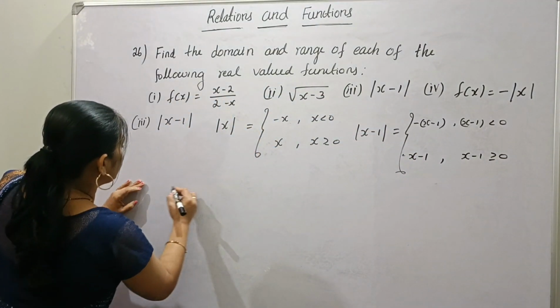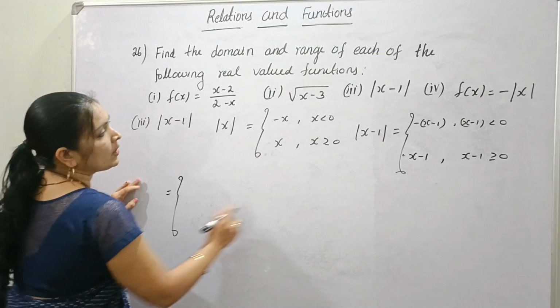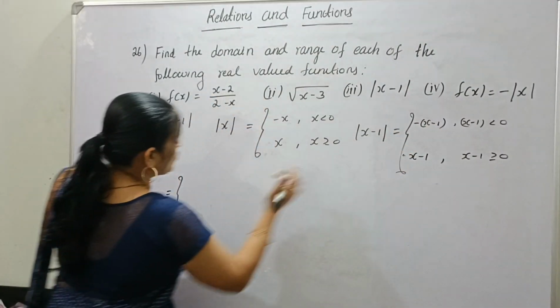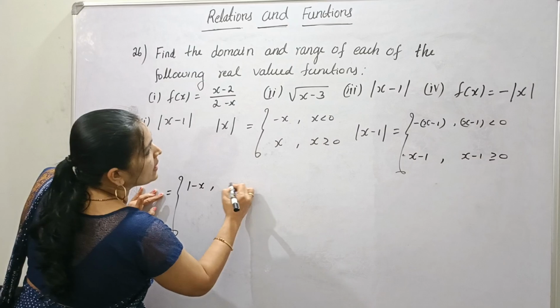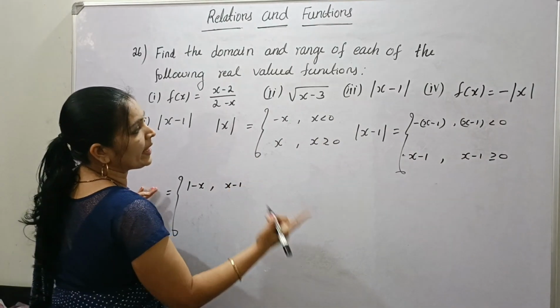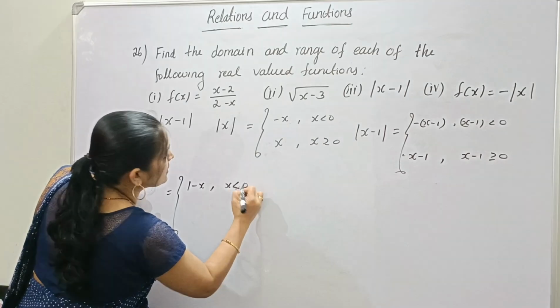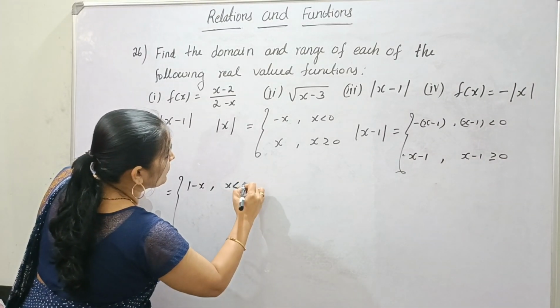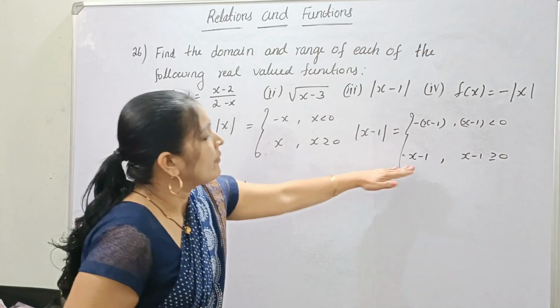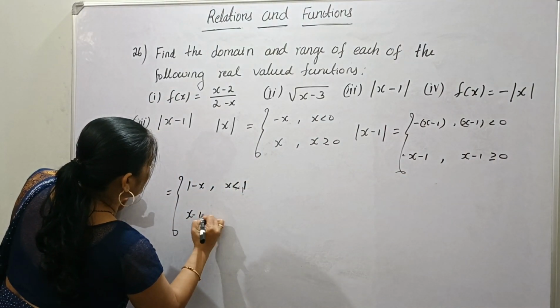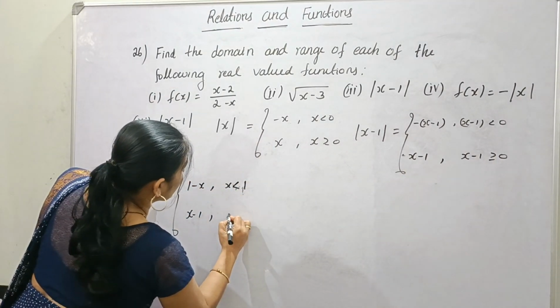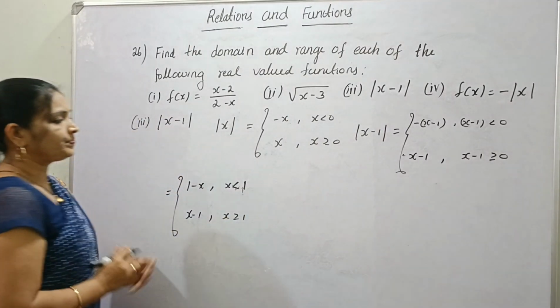So that is equal to minus x plus 1, that is 1 minus x, when x minus 1 is less than 0. That implies x is less than 1, right? And x minus 1 when x is greater than or equal to 1.